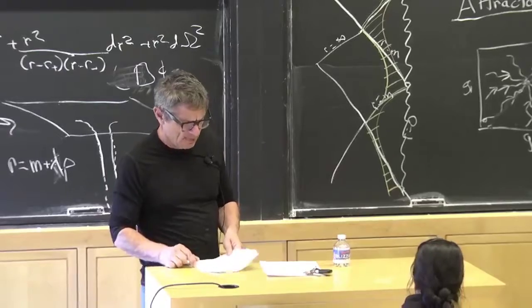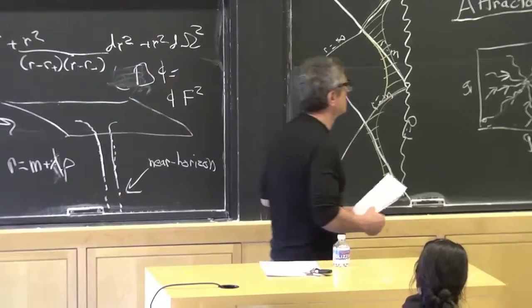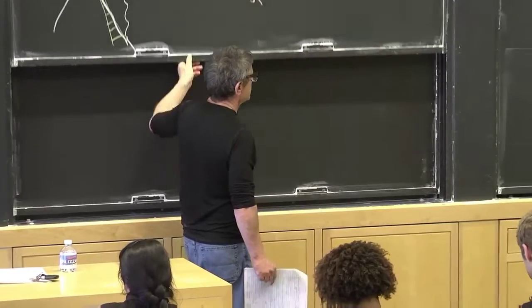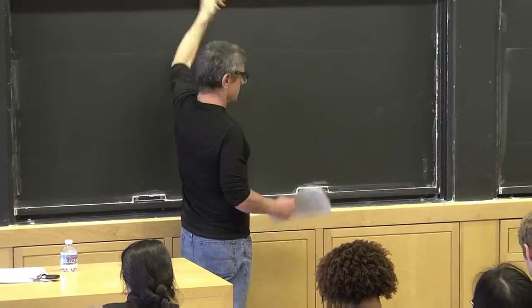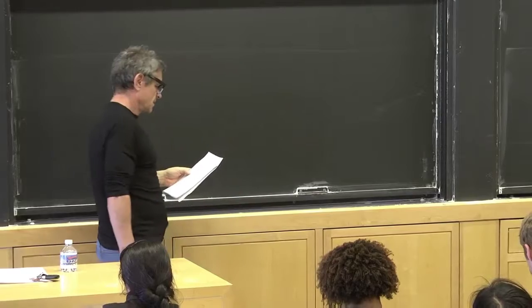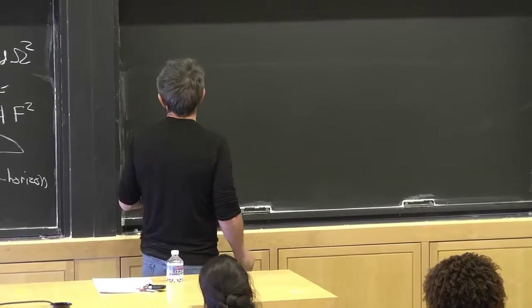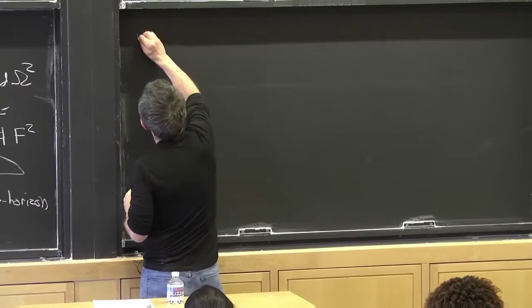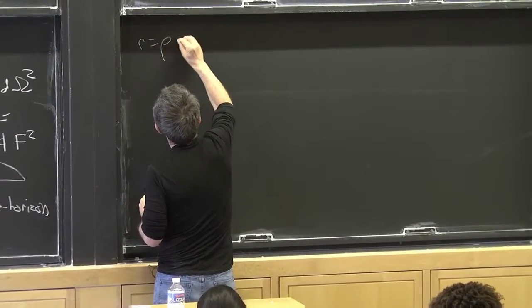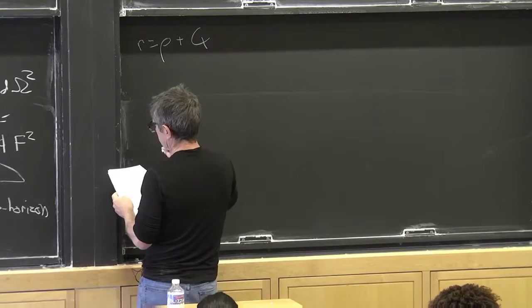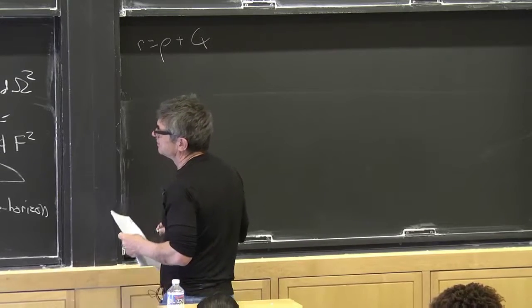So the next thing I want to discuss, and you had a homework problem on this, is what I think are called isotropic coordinates. So if we write r equals rho plus q, then what happens?